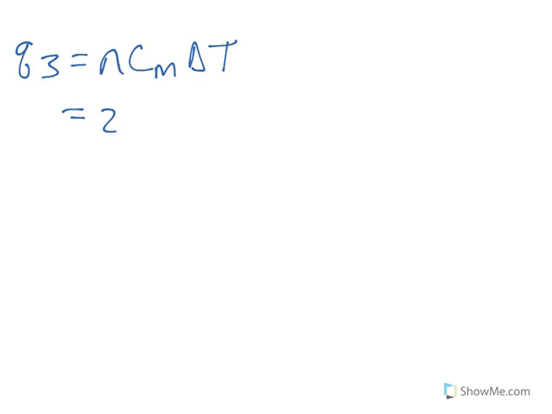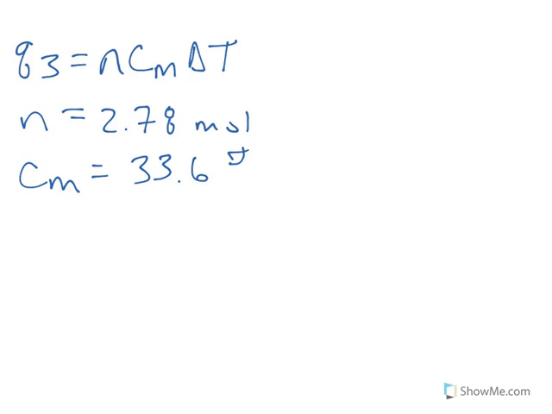So it's 2.78 mole. My Cm, the molar heat capacity for steam. Steam is different than liquid, so they're going to have different heat capacities. This one comes in at 33.6 joule per mole degree C.